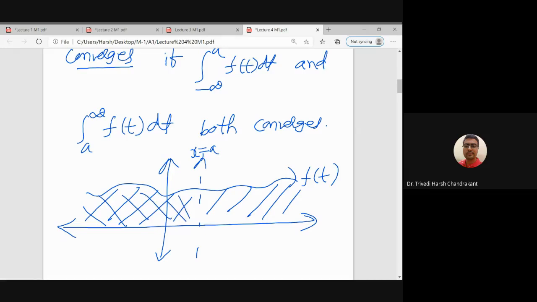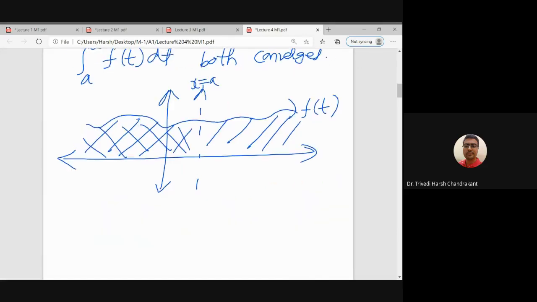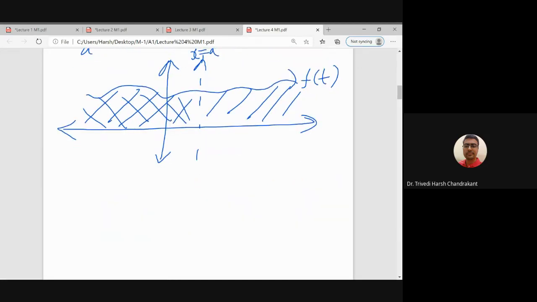So both the areas should be finite, then only the total area will be finite over the whole real line. So this is regarding how we call these integrals convergent or not over the whole real line.